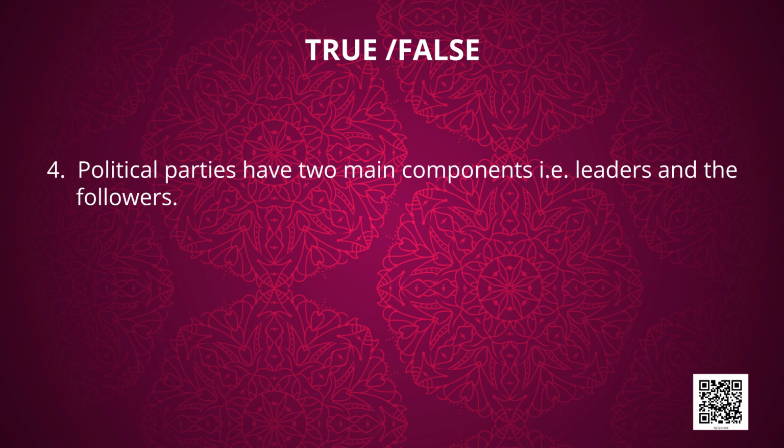So children, is it true? No, this is false because political parties have three and not two main components. And which are those components? The leaders, the active members, and the followers.